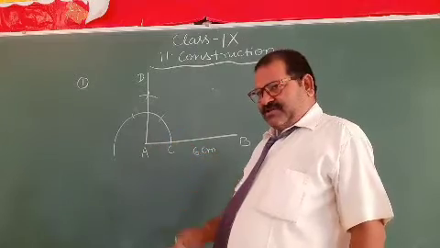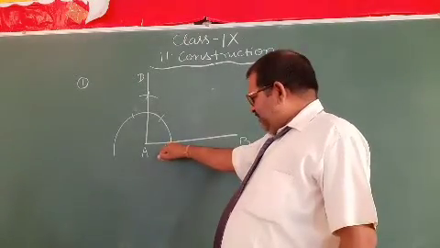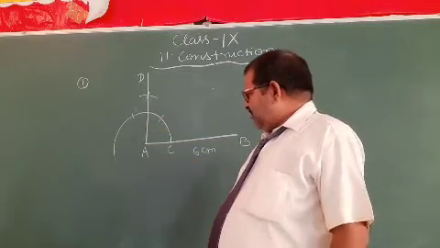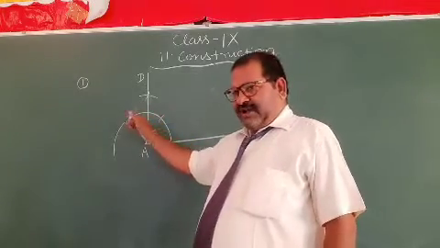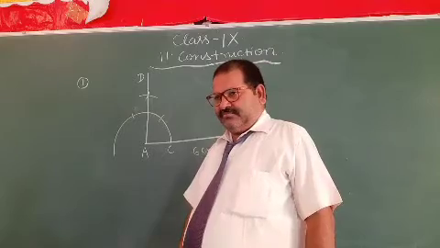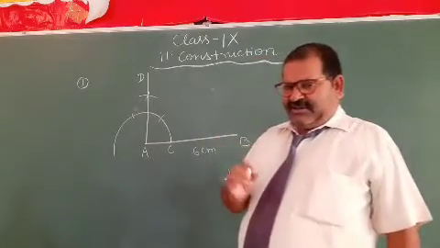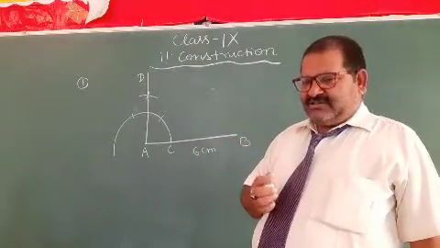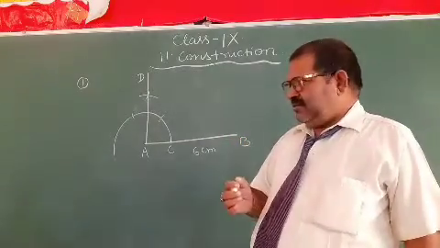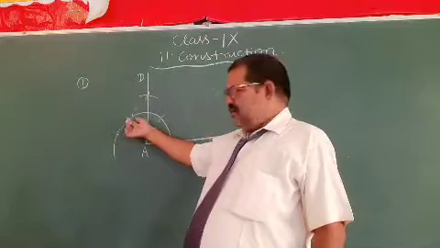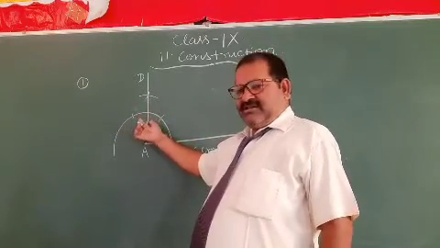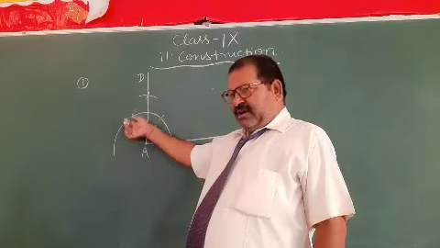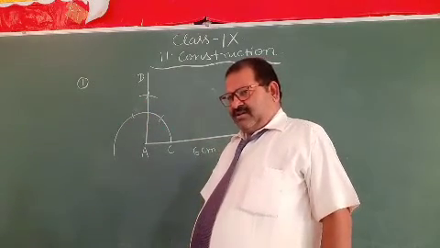Take a compass at the point A, C and draw an arc and also another arc. Take more than half distance of the arc and draw the arc above it.